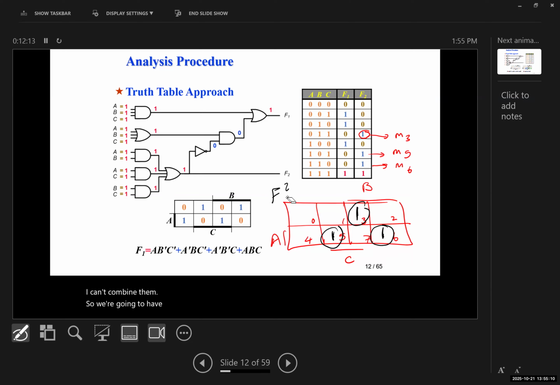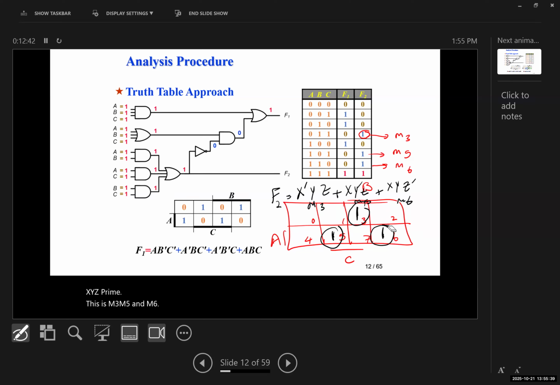Therefore, F2, if I want to use the Boolean function, is going to be x prime yz, which is M3, plus x y prime z plus x y z prime. This is M3, M5, and M6.